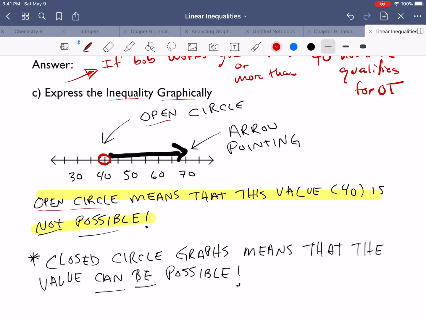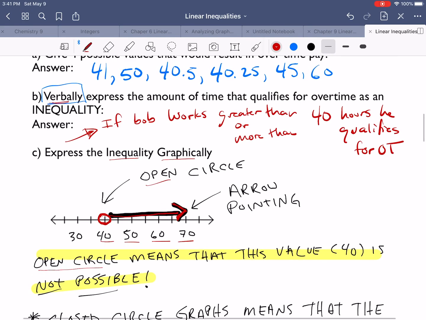Then you need to draw this little arrow pointing which way the graph would go if he got paid overtime for more than 40 hours. So you'll notice that my graph is pointing towards 40, 50, 60, 70 because it's pointing in the greater than direction. I kind of want to show you something here, which I usually show in the classroom.